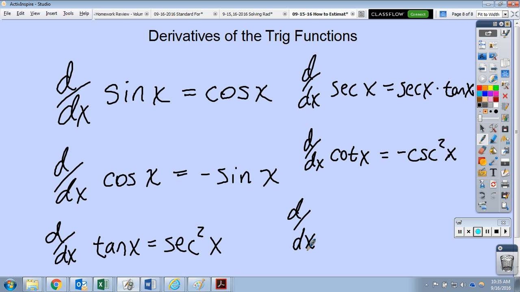And the derivative of cosecant x is equal to negative cosecant x cotangent x.